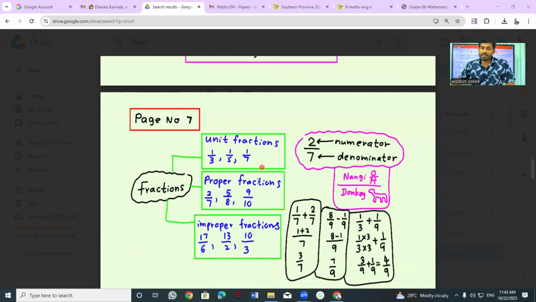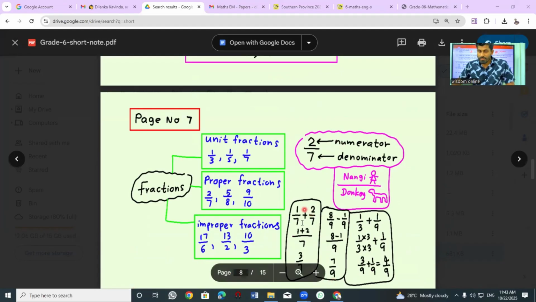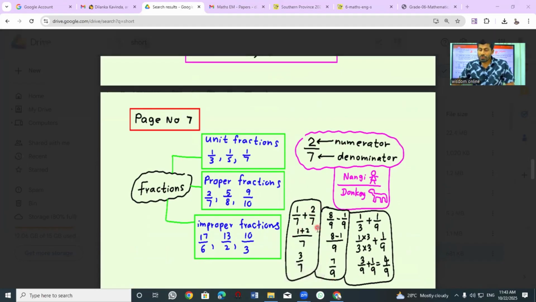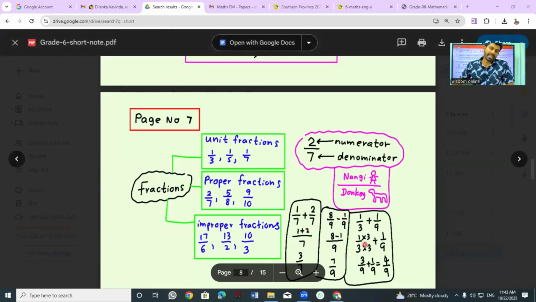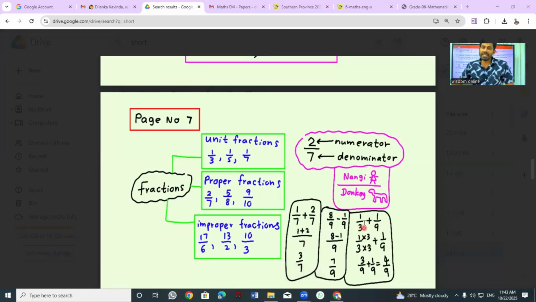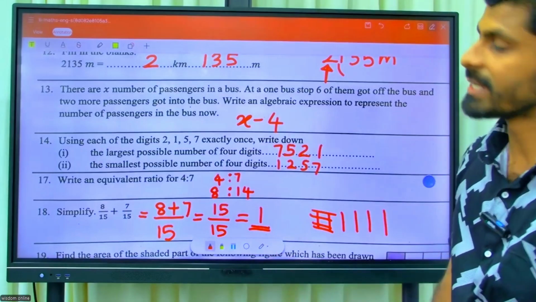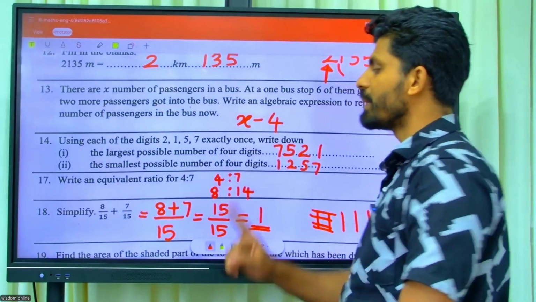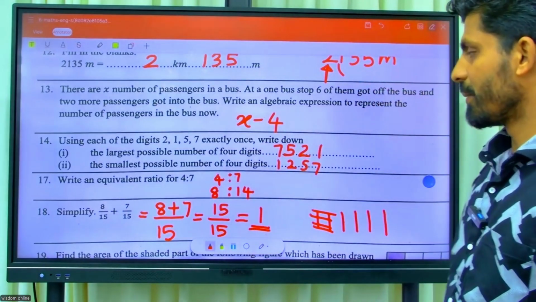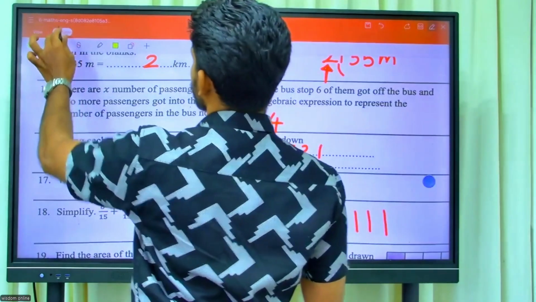The fraction types are unit fraction, proper fraction, and improper fraction. 1 over 7 plus 2 over 7 altogether gives 3 over 7. Different denominators are handled differently. 15 over 15 means 1. Yes, so we can quickly move to the next one.